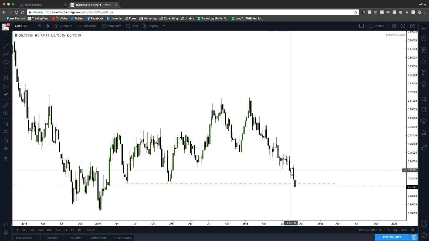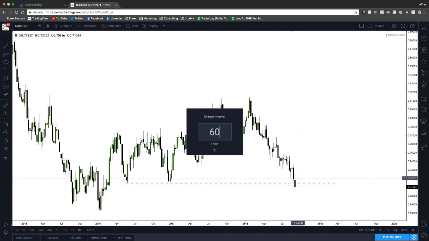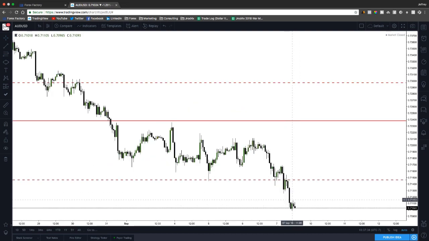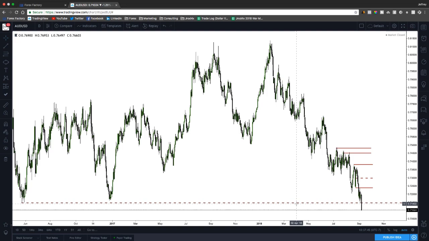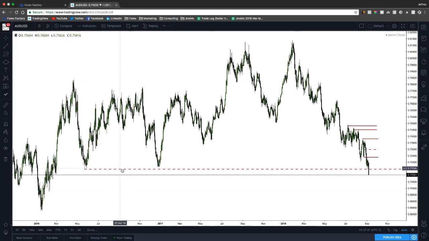Last week we explosively blew through those, and this again is a weekly time frame. If you look at a 60-minute chart, for example, you could see the level of significance that the equal lows have here.